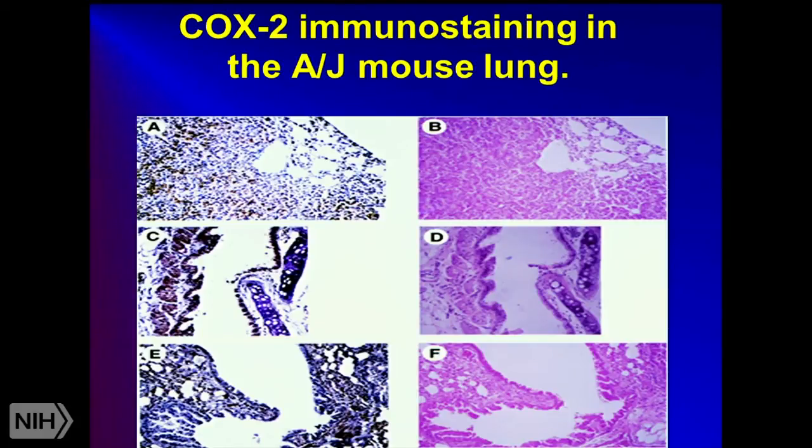In this case, the color of the immunoreactivity is brown, whereas the purple is just a counterstain of the tissue. You see lots of immunoreactivity in the bronchus, some in the bronchioli, as well as the alveoli of the lung.